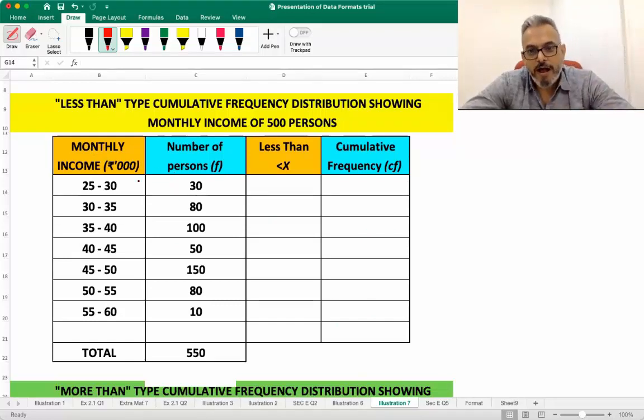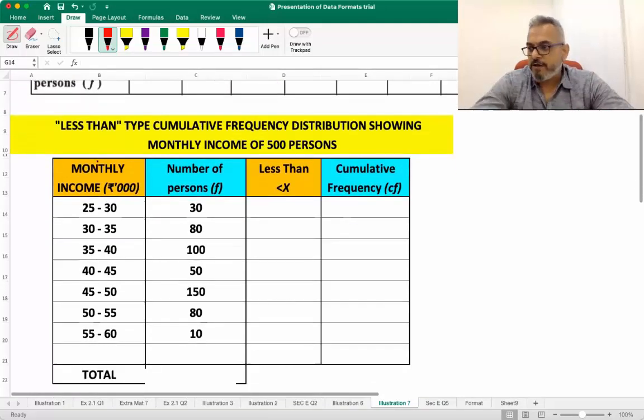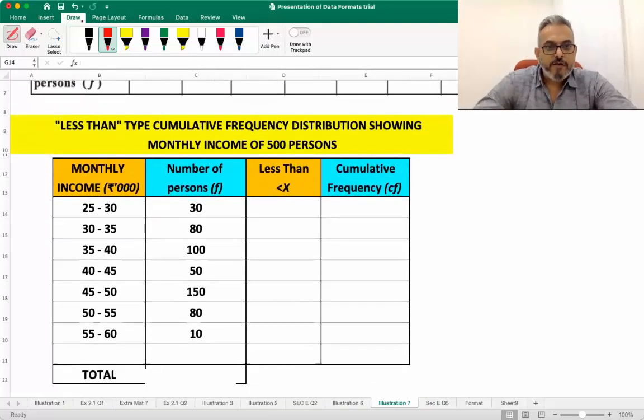Now, when you are given a continuous frequency distribution like this, you have number of persons over here, that is frequency. Now you have to prepare less than type cumulative frequency. Now, what to write over here? You start with the lower limit of the first class, that is 25, and you end with the upper limit of the last class.